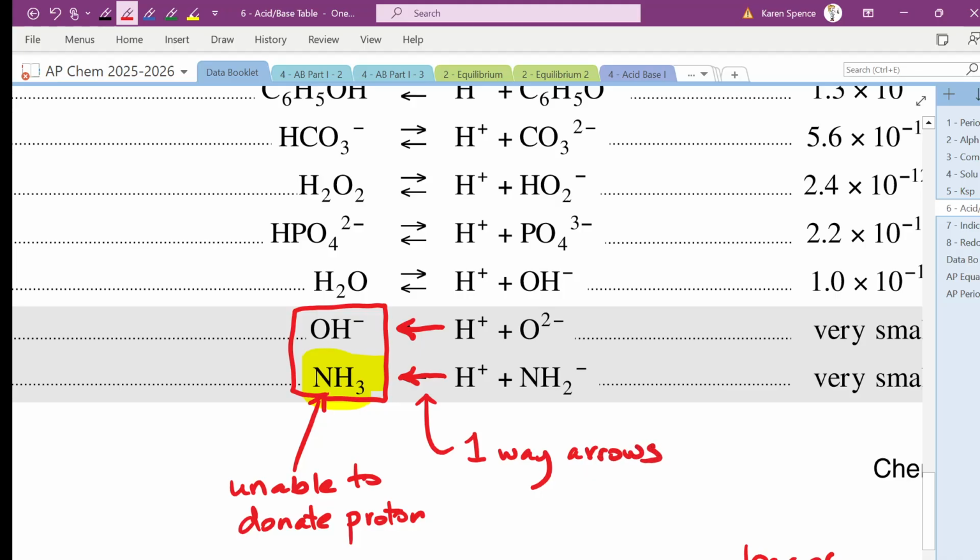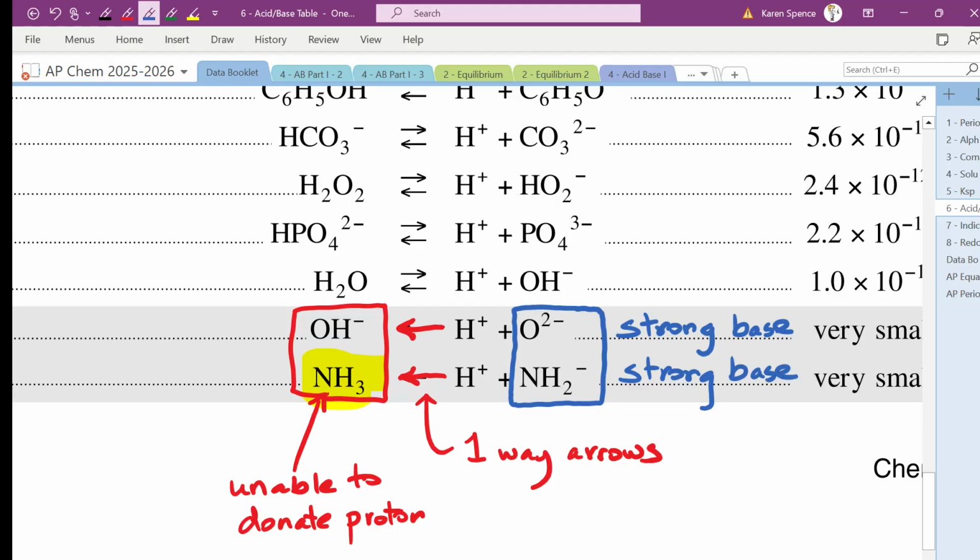Really, the OH minus and the NH3 are only there because we are actually really interested in the O2 minus and the NH2 minus. The O2 minus, what kind of species is it? Acid or base? It is a base. Is it a strong base or a weak base? It is a strong base. And NH2 minus is a strong base.